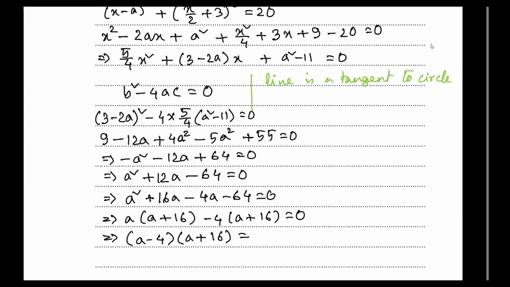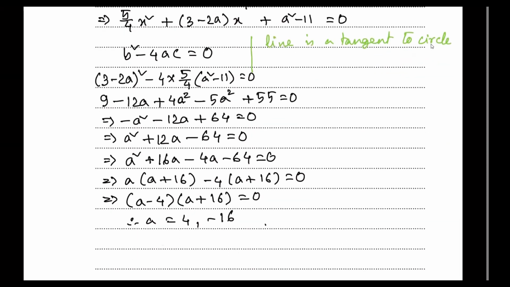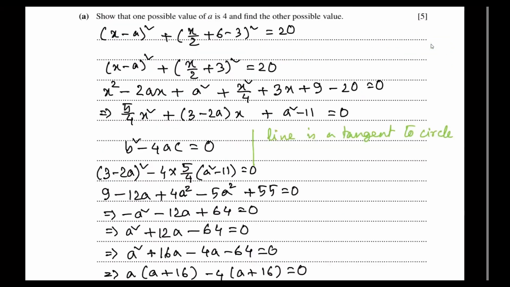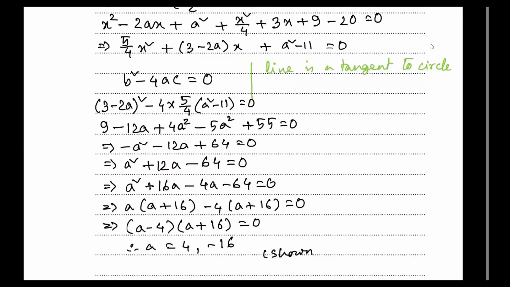These are the two possible values. So a is 4 or minus 16. So you have to show a is 4 and the other value is minus 16. That's part A.